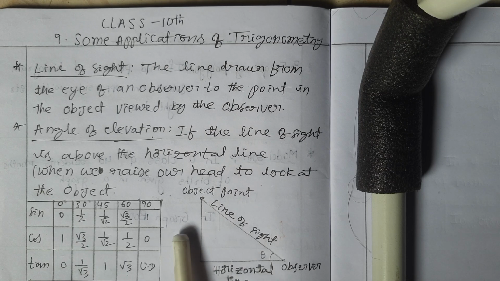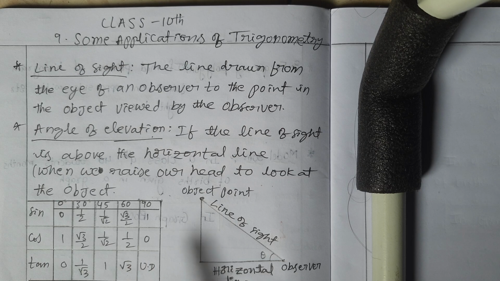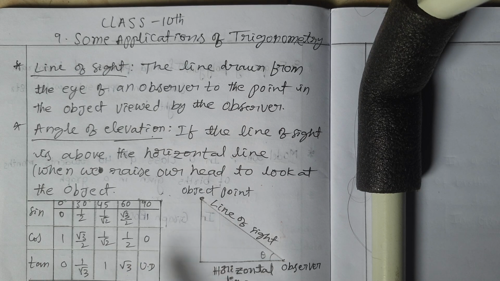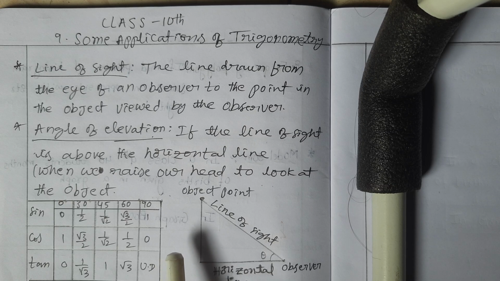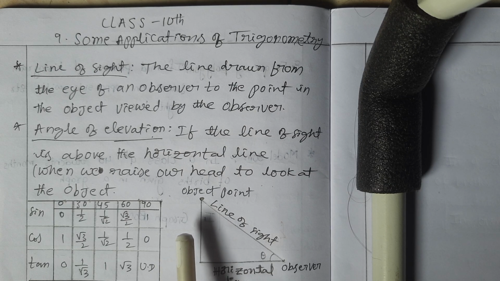The object may be a tower top point, a building top point, or a hill top point. Any pedestal, top of a tomb, top of a mosque, top of any church, top of any building.